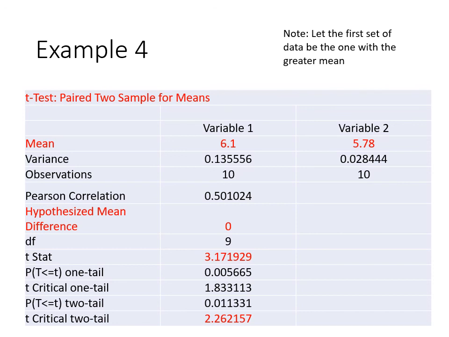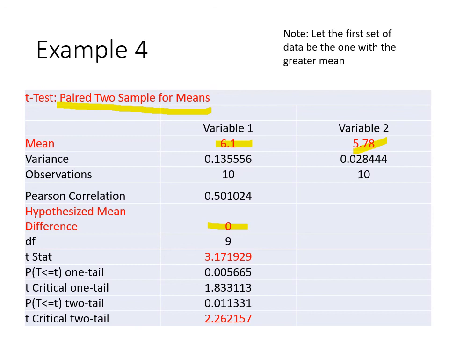As with the other methods, we can use Excel. In this case, you will use a paired two-sample for means. Notice it calculates the means for you. Here, when you set up the problem, you hypothesize that the mean difference is 0. Remember, we said that our null hypothesis is that the means are equal, and our alternative hypothesis is that they're unequal.